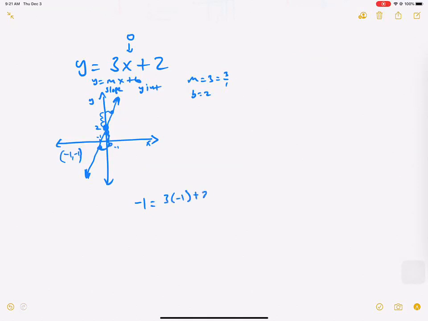Is this equal sign going to be true? Is the right side going to equal the left? Negative 1 is equal to negative 3 plus 2. And yes, negative 1 is equal to negative 1. That is a true statement. Point negative 1 is on the graph, and also all these decimals along the way.